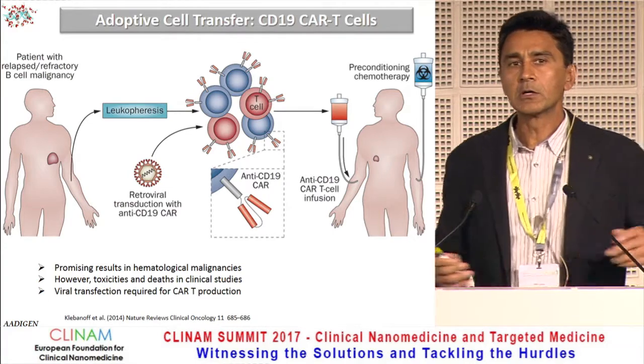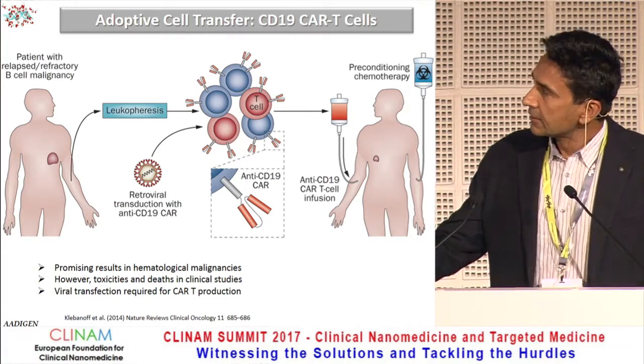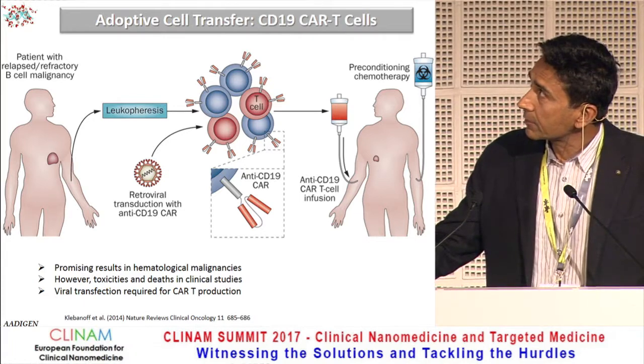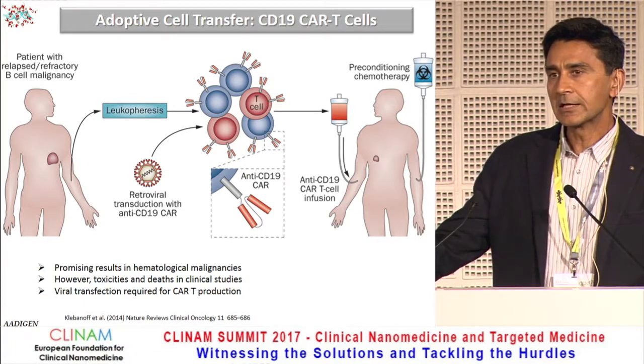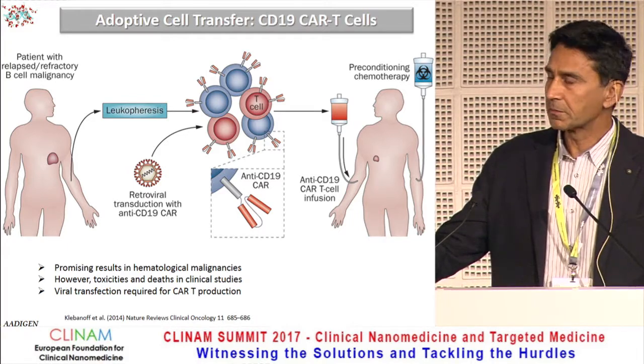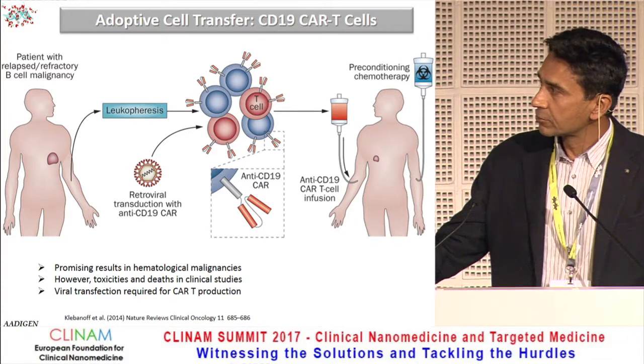Well, you've all heard about CAR T cells and the remarkable efficacy that's been seen with the CAR T system. So CD19 CAR Ts have been used in hematologic malignancy treatment pretty effectively, but they do have some limitations.